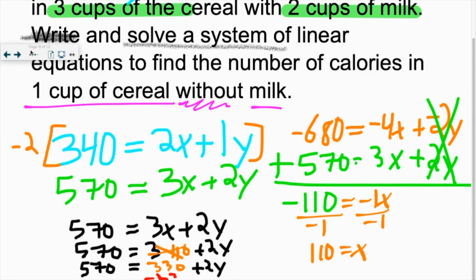Subtract by 330, or as I usually do, I'll add a negative 330 to both sides for mental math purposes. I'm going to move over here just to the left so I've got room there. So that gives me 240 equals 2y, divide by 2. 120 equals y. Great.